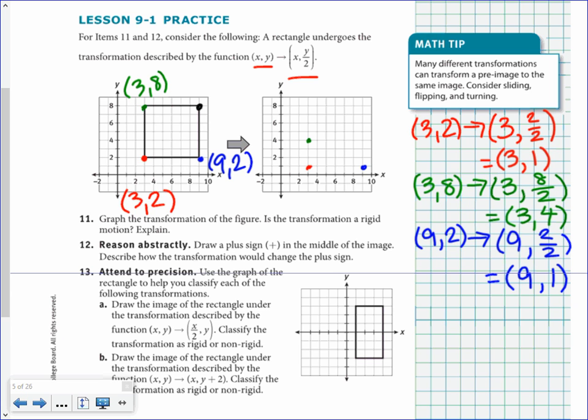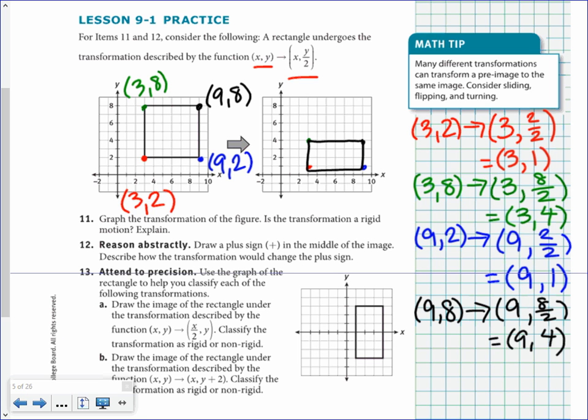That vertex is at (9, 8). And so using my transformation function, that's going to go to (9, 8 over 2), which is (9, 4), which maps to right there. And so this would be the graph of the image of the figure.